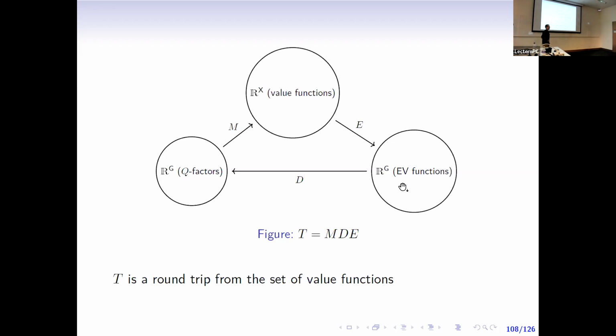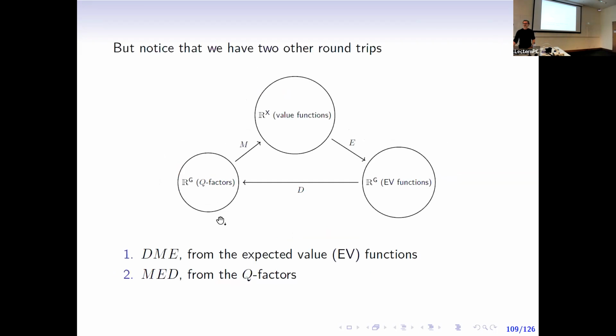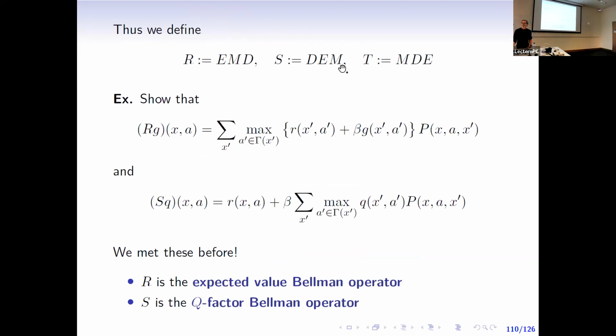But now I think about it, I could take a round trip from somewhere else. I could take a round trip from here. That's a loop from here. Or I could start here and do a circle from here on the graph. So these are my other round trips. The first one is I'm going to apply D, and then M, and then E. Or I could start here, and I'm going to apply M, and then E, and then D. So I have these different round trips.